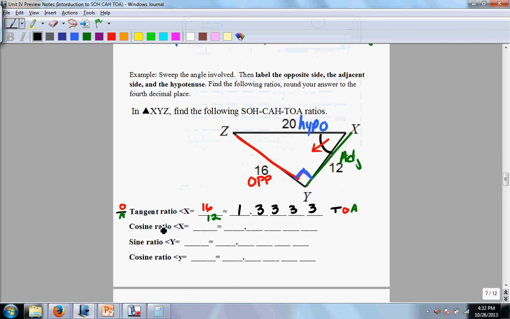Okay, now we want the cosine ratio of angle x. Same angle. Cosine, it's CAH, so cosine is adjacent over hypo. So write CAH in the margin. In this case, adjacent is going to be 12, and our hypo is 20.